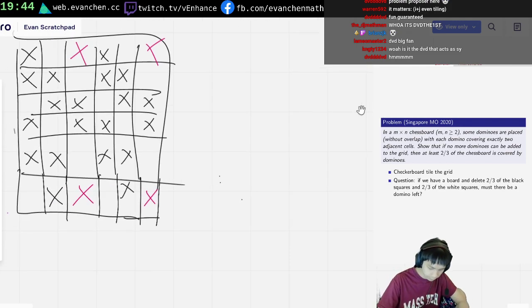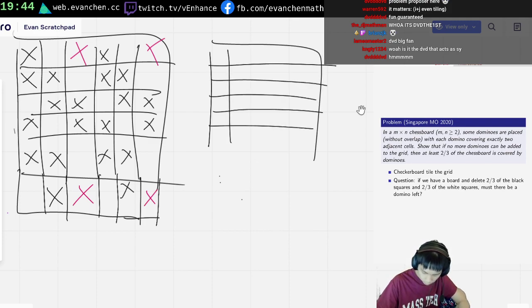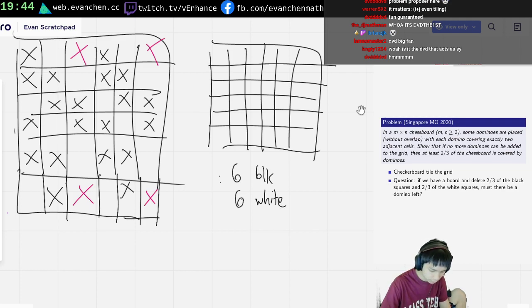I'll draw a smaller 6x6. Sorry, not 12. I get 6 black, 6 white. Okay, that seems like it should actually be doable. Well, it should be strictly less than, but... oh, maybe it's not doable.